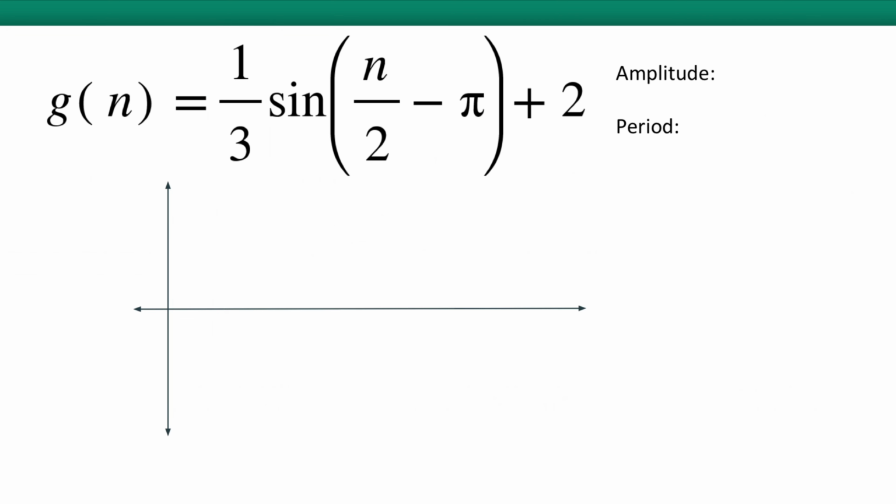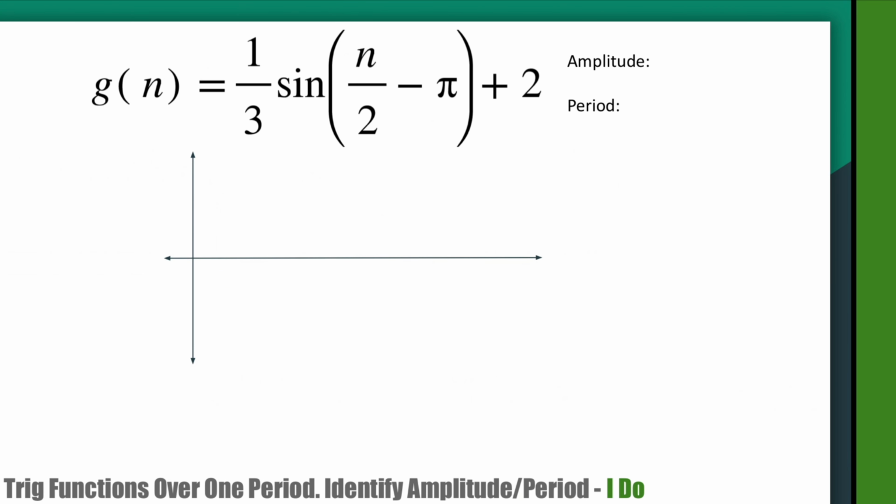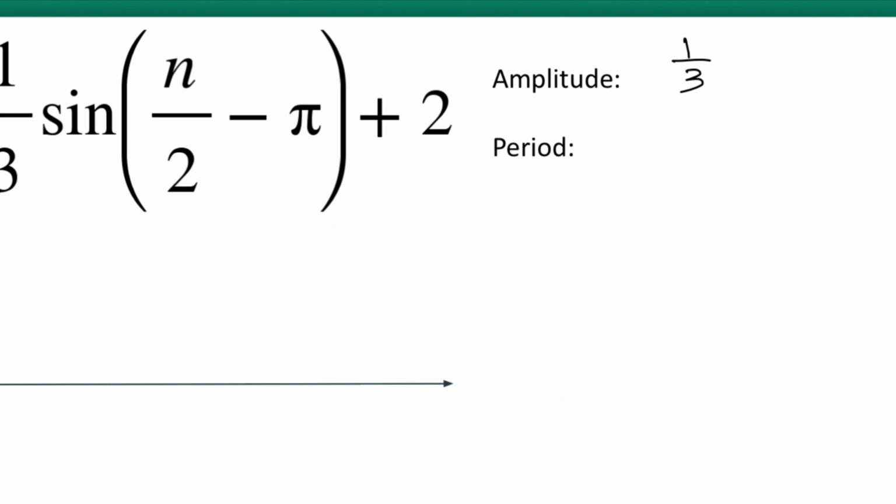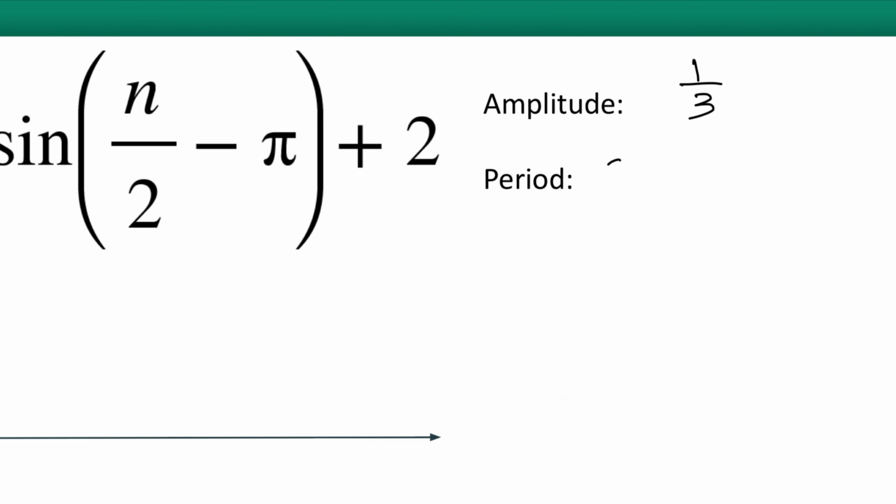But we're going to start it the same exact way, okay? So let's see what we got here. We have an amplitude of 1/3. And the next thing we need to do is calculate our period, 2 pi over b.